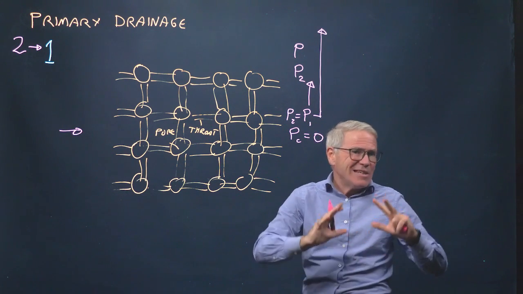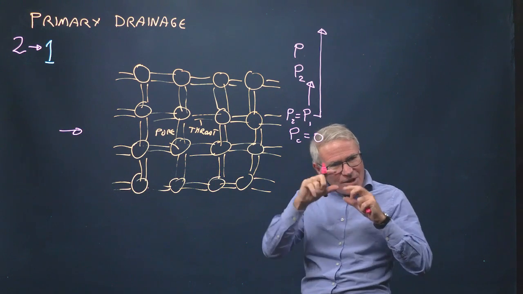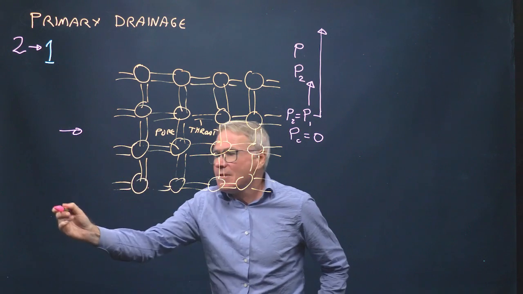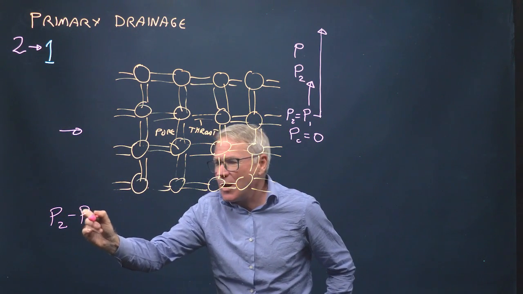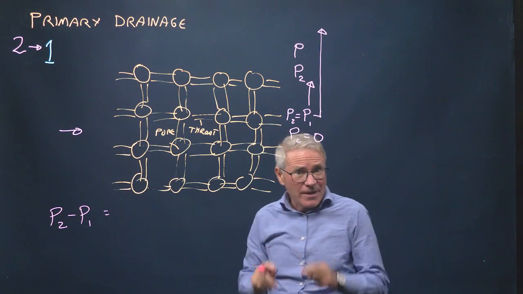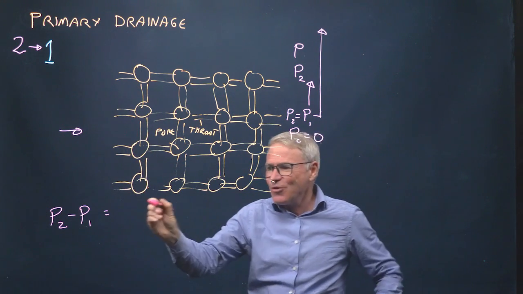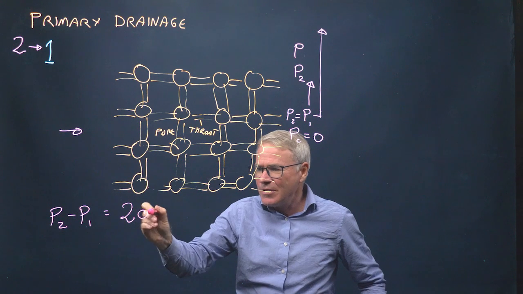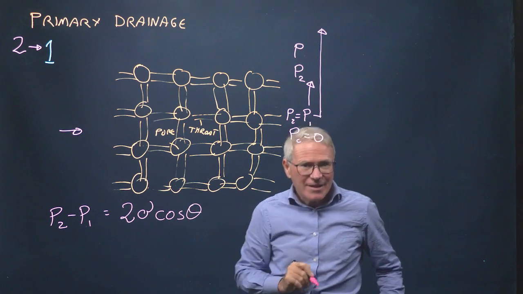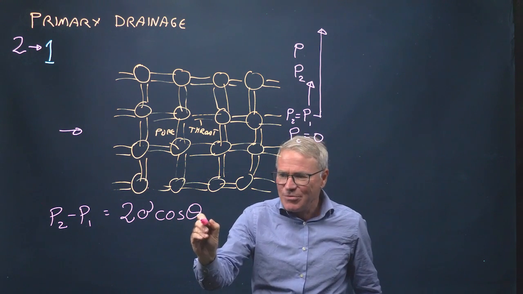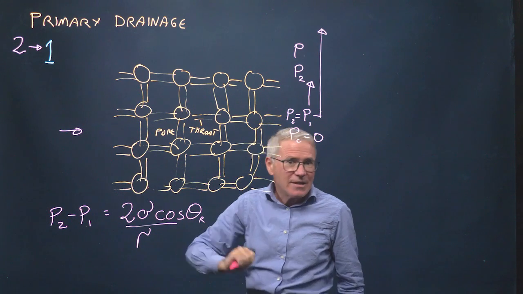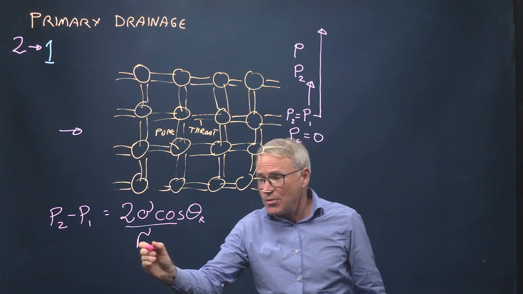Roughly speaking, it isn't precise, but we know that if it's a circular tube, the capillary pressure, P2 minus P1, that is necessary for phase 2 to displace phase 1, at least in a circular tube, is given by 2 times the interfacial tension times the cosine, and here it's the receding angle because phase 1 is receding, and then it's divided by the radius, and in this case this is the radius of the throat.